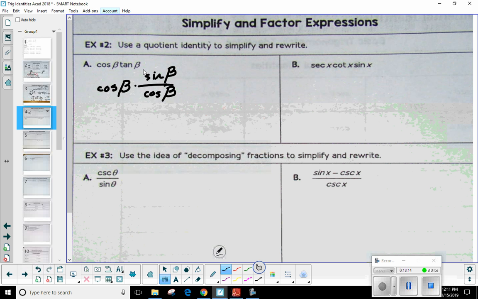Yeah, the cosines are going to cancel out. That's exactly right. Because if it helps, put this guy over 1, because now you're multiplying two fractions. If the cosines cancel, well, then this is equivalent to sine of beta. That's all we're doing. We just want to take these expressions and use those rules to simplify them as much as we can.